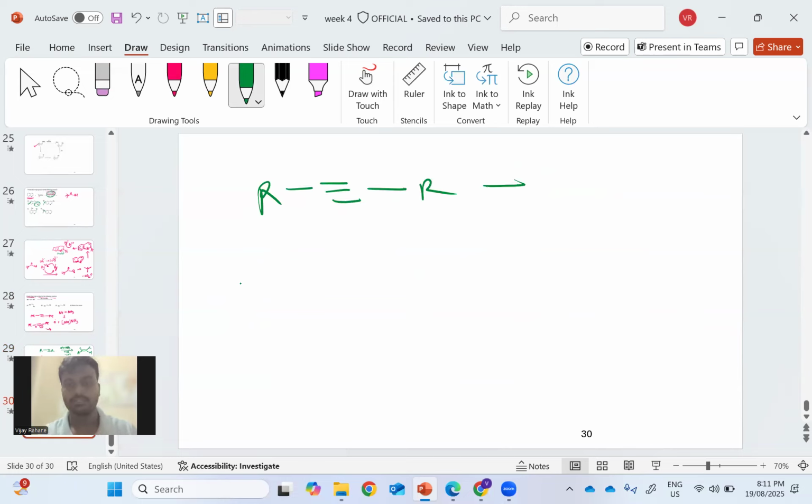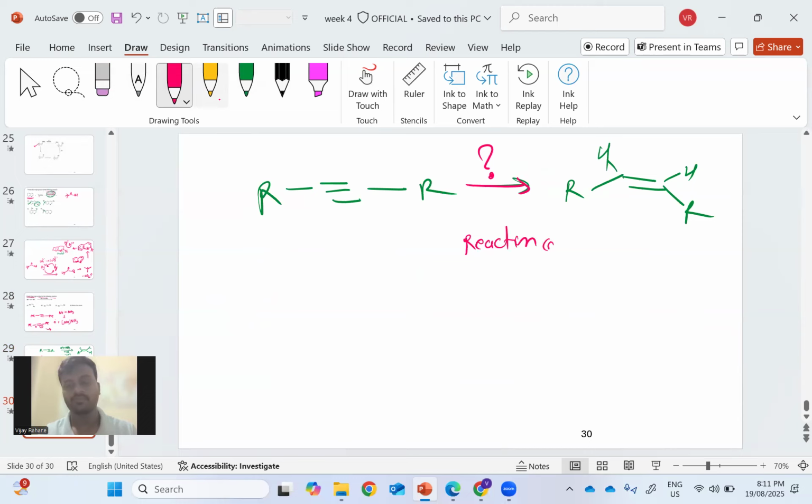If you want a cis olefin from the alkyne, it goes via some different mechanism. So in that case, what is the reagent combination? This is the R1 and this is the R2.